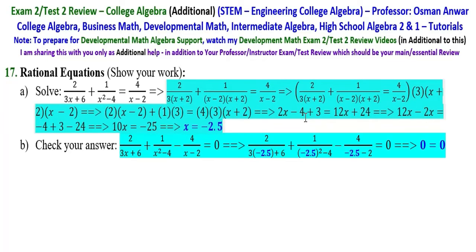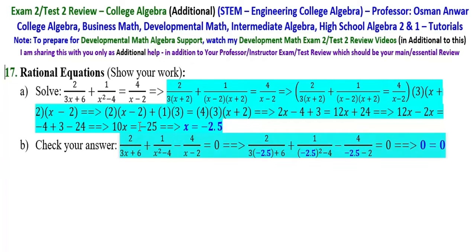Then this is 12x minus 2x equals minus 4 plus 3 minus 24. So this is 10x equals, this is minus 28 plus 3 is minus 25. Then x is equal to minus 25 over 10, which is x equals minus 2.5.